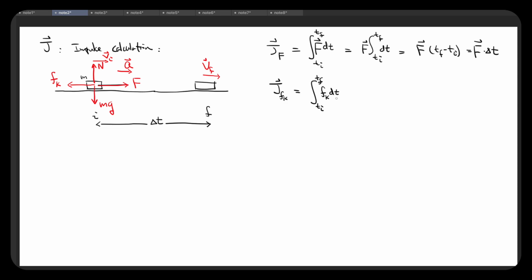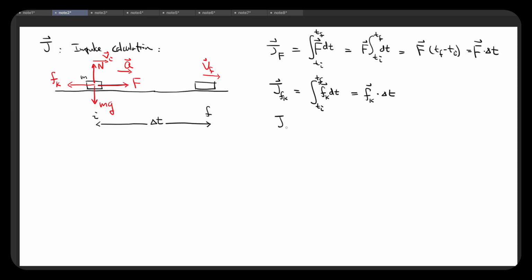In principle, we can write Fk equals mu k times n, and then times mg, etc. But right now let's just keep Fk in the equation. Fk is a vector, right? I forgot to mention that J here is a vector, and then we get Fk delta t.